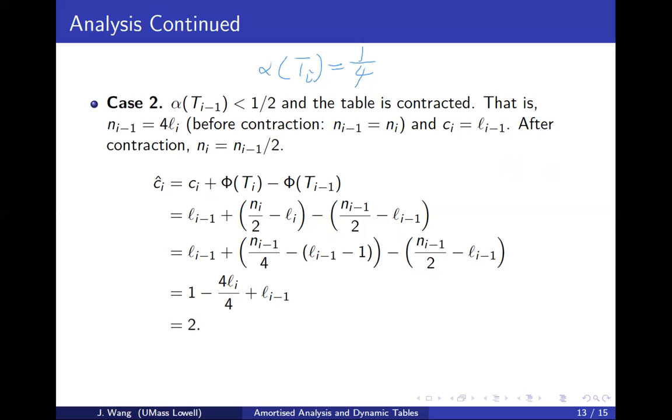This time you halved the size of the table. So N sub i in the new table is 1/2 of the size of the old table.